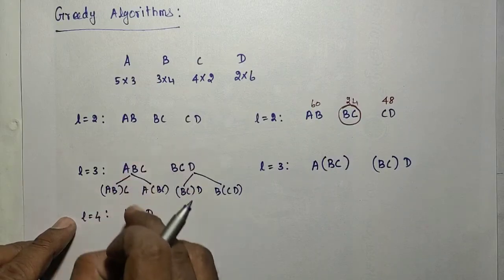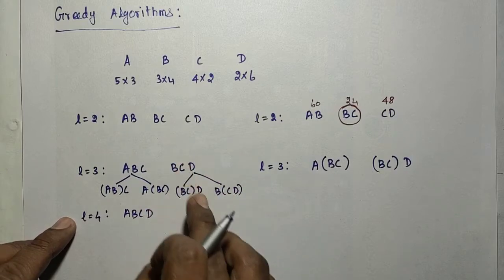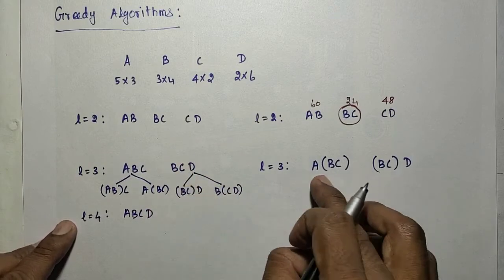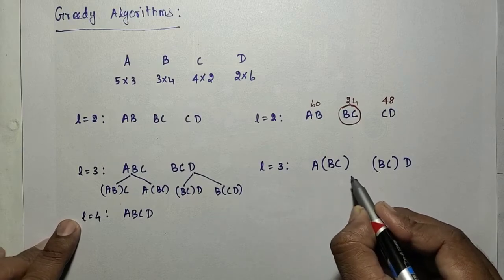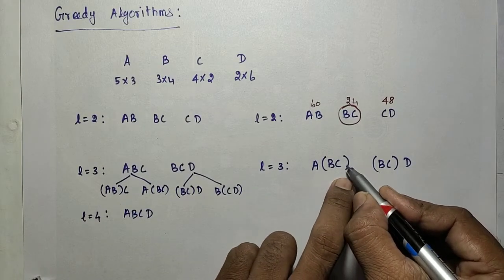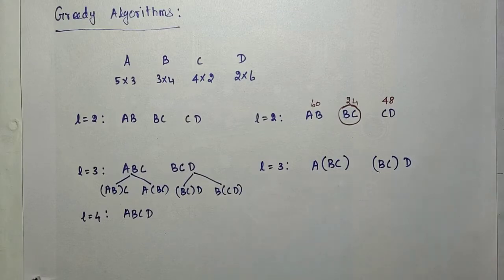To get this solution we need to check these 2, and to get that solution we need to check those 2. But in the next level we are going to find only one, that is A into BC and then BC into D. So what is that solution? From these 2, which one is the best?